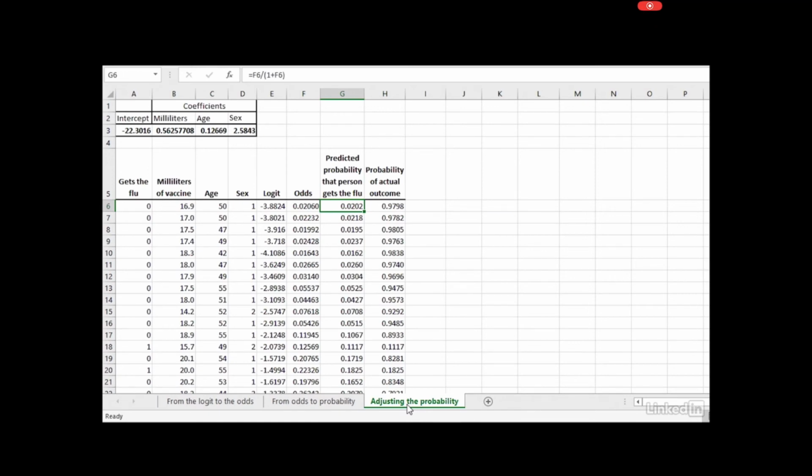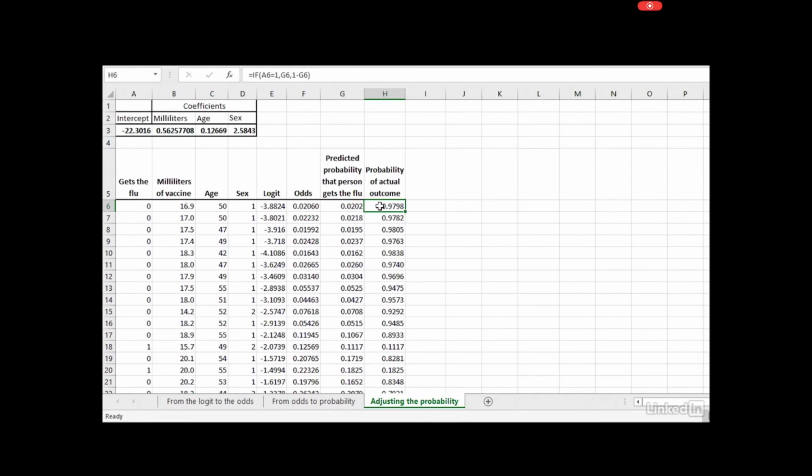Now, this is a large part of what we want, but it's not quite all of it. We also want the probability that each person has the predicted outcome, and that will help us evaluate the accuracy of the equation. We already have the probability in column G that the person will get the flu, but we need to adjust the probability that's in column G to account for those people who don't get the flu. So in column H, we use the formula that you'll see here.